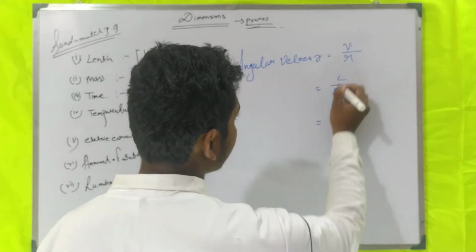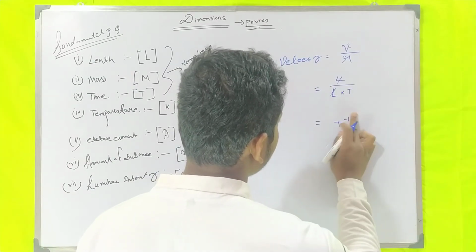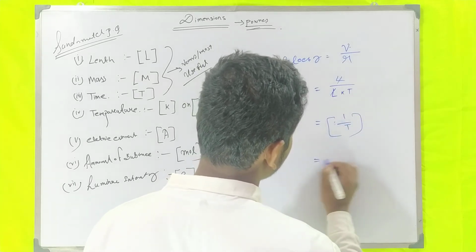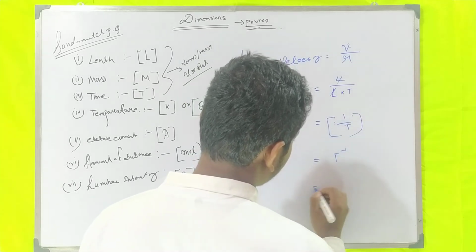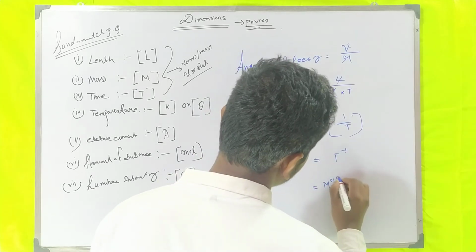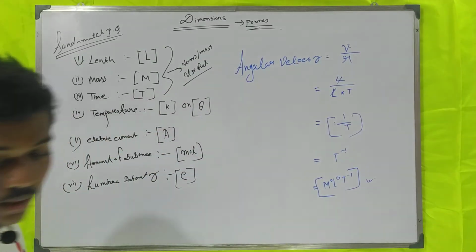So L will cancel and you can write 1 by t. So you can find t inverse, so you can write t to the power minus 1. So we can write as M^0 L^0 T^-1. Okay, that is the angular velocity.